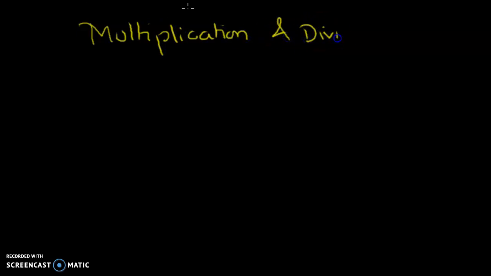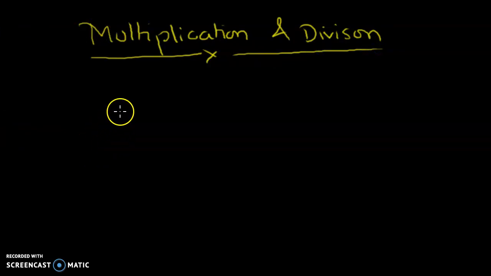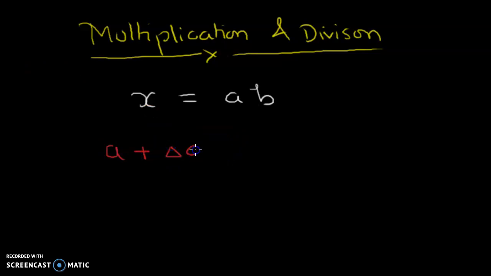Okay, now the process which is important is multiplication and division. When you have readings and the operation is either multiplication or division, both are the same. So what do we do with the error, how do we proceed in that case? Let's come to the problem. Say x is the product of A and B, like length into breadth. Again, A is represented with its error and B is represented with its error.